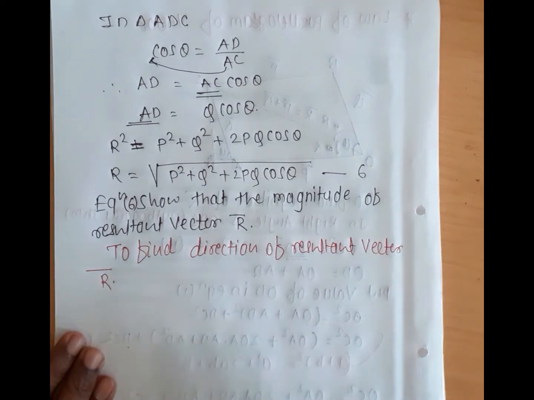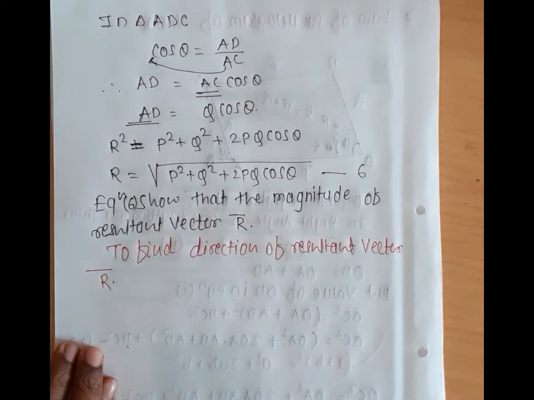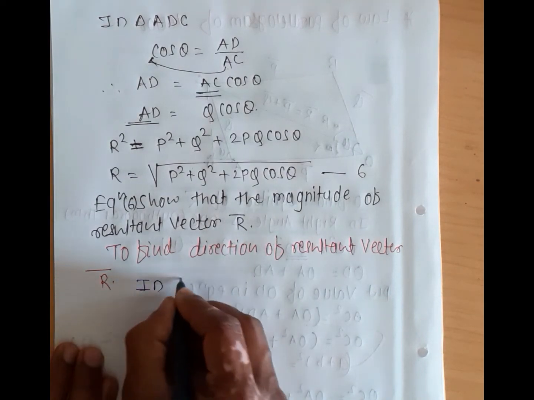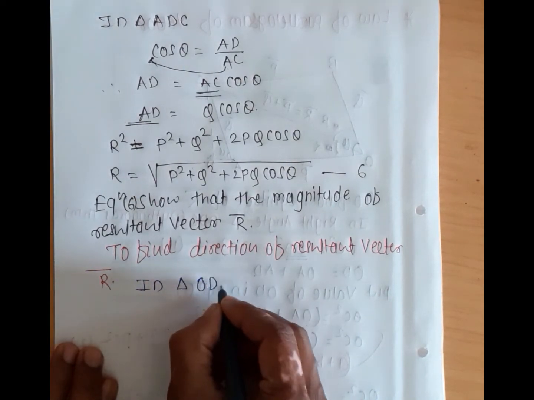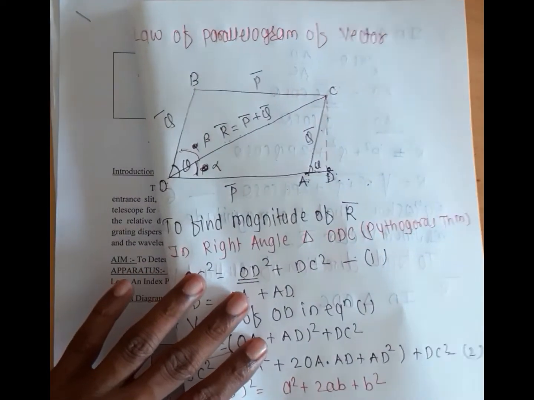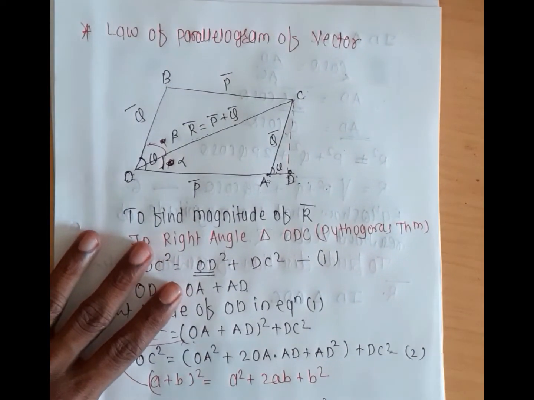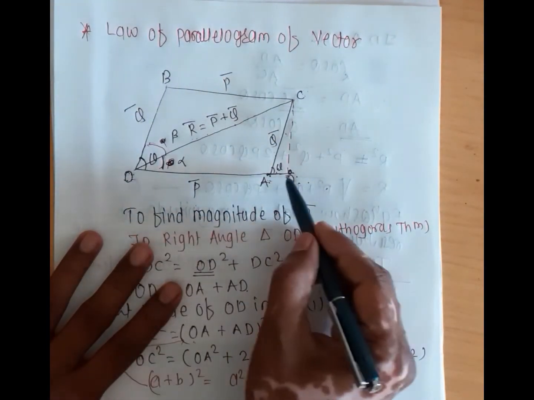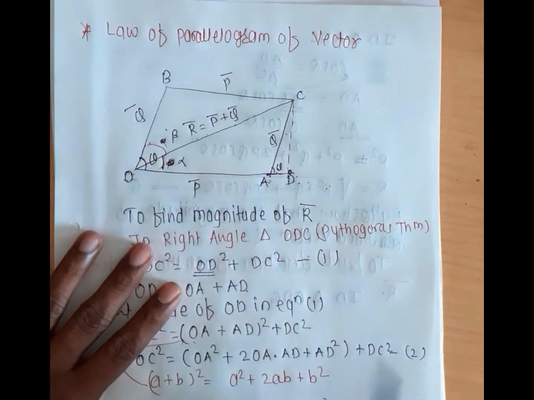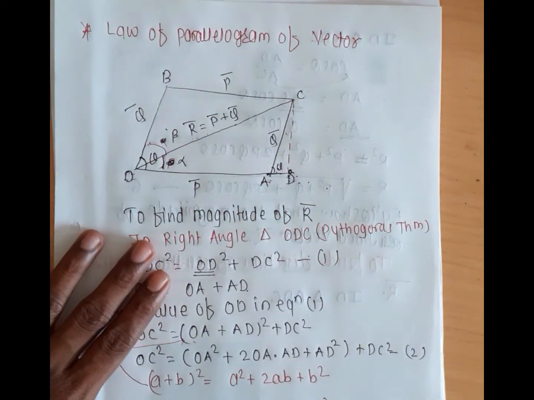It is simply using another triangle, triangle ODC. Where is triangle ODC? See the triangle again. ODC is a right angle triangle, chosen for finding alpha and beta.